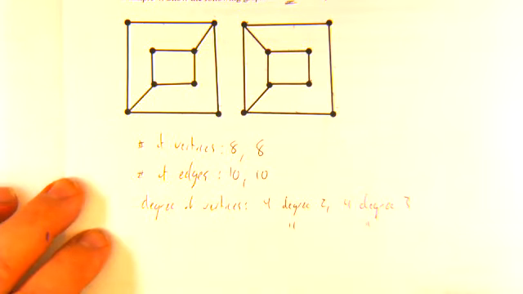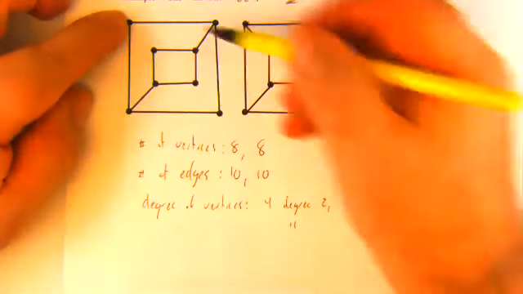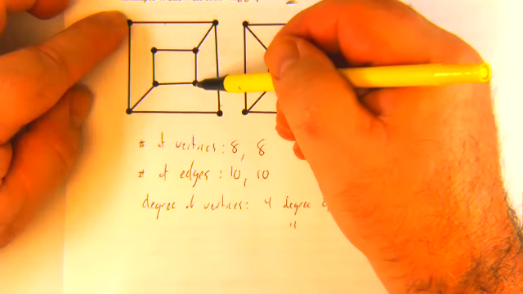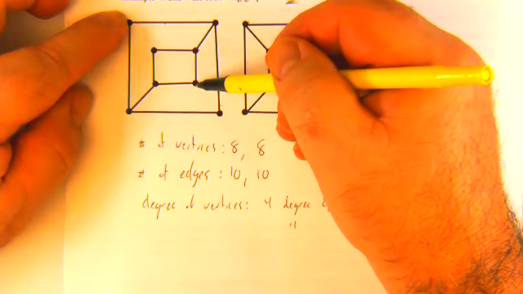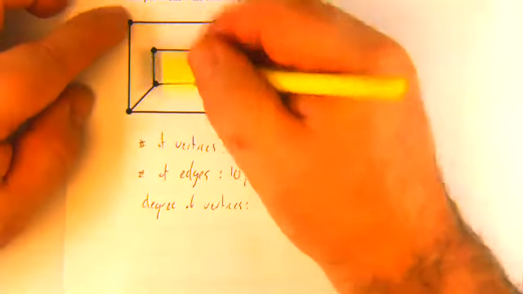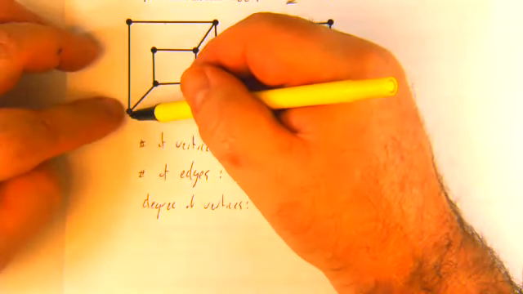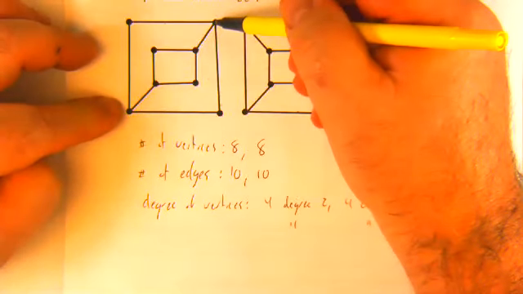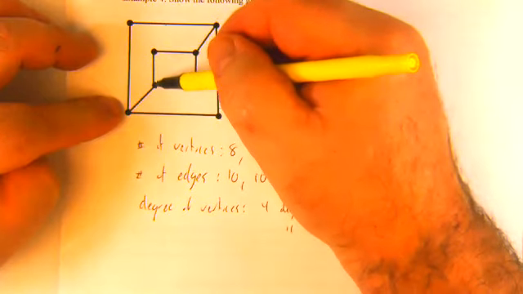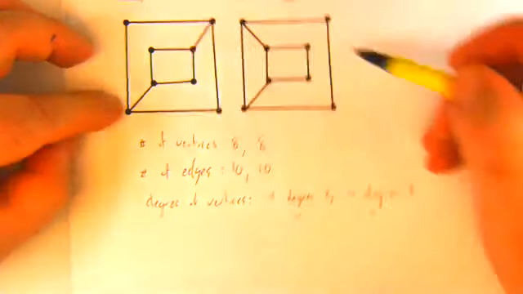You could look and see if they have a Hamiltonian cycle. If you start here, you'd have to go here, around. And so maybe the one on the left doesn't have a Hamiltonian cycle, it looks like, because if you start here, you'd have to do this trip at some point. And then if you tried to go in, you get stuck and you can't actually do things. What about this one?